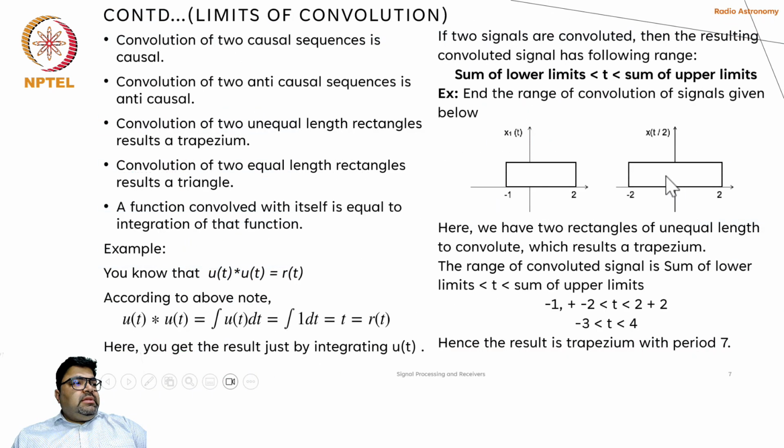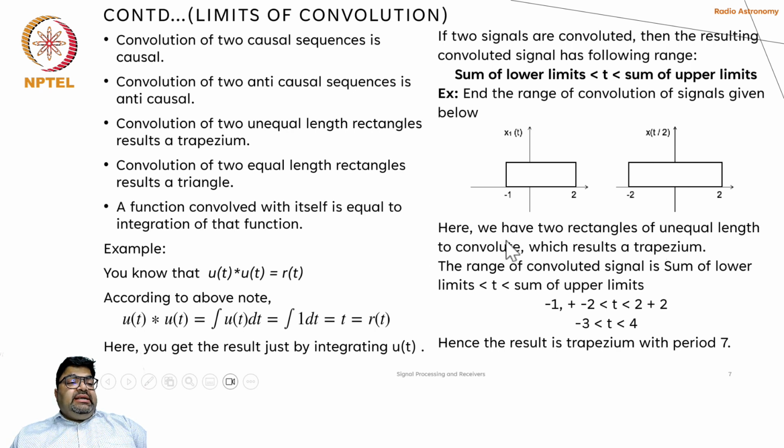Limits of convolution: if two signals are convolved, then the resulting convolved signal has the following range, from the sum of the lower limits to the sum of the upper limits. The t extends from the sum of the lower limits to the sum of the upper limits. Okay, so that is one of the properties.